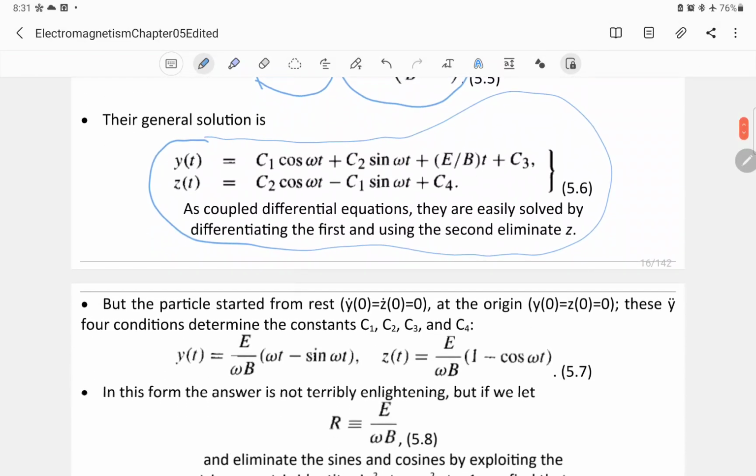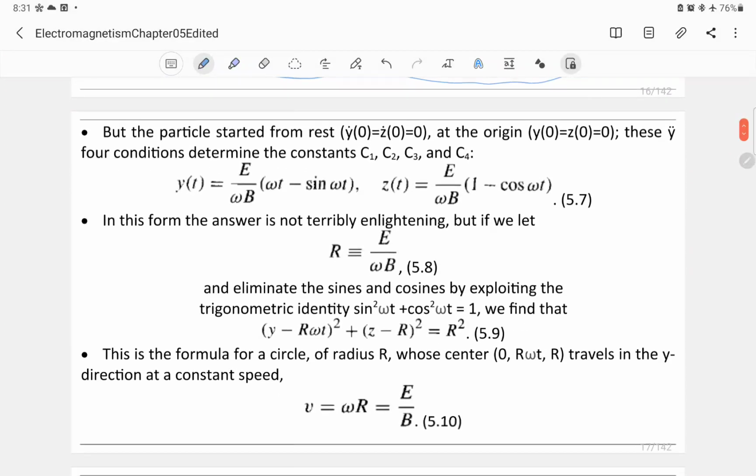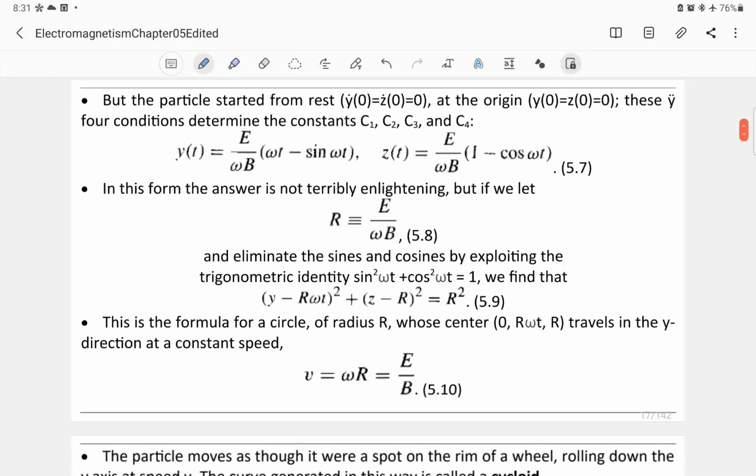Now, the particle started from rest at the origin, which is 0, 0, 0. Again, the particle started from rest, which has velocity in the y and z equal to 0. And at the origin, the starting point at 0, 0, 0.